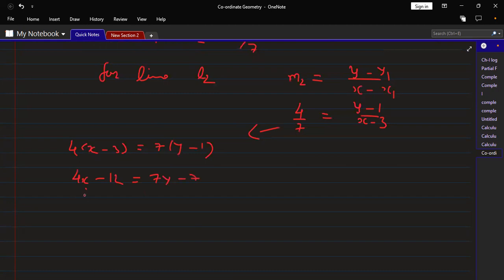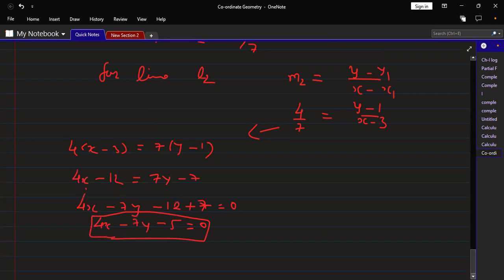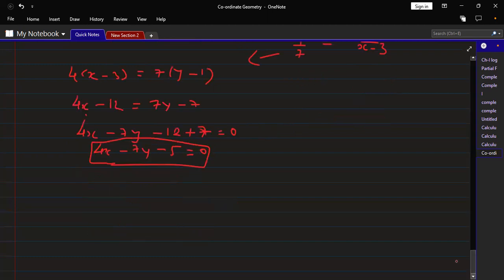So let's bring it to one side: 4x minus 7y minus 12 plus 7 equals to 0, and 4x minus 7y minus 5 equals to 0. This way we can find the other line equation if it is parallel.